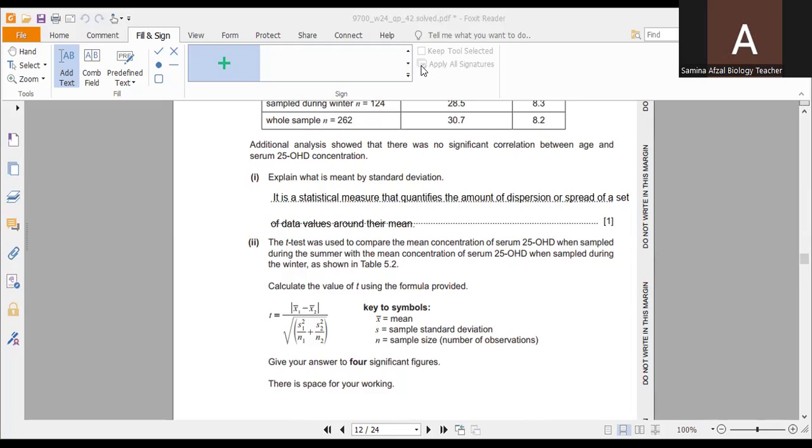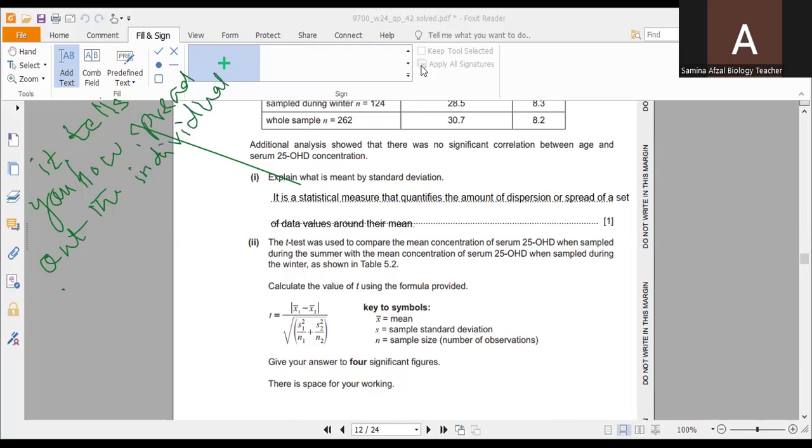So in simple terms, it tells you how spread out the individual data points are around the mean or average of the data set.